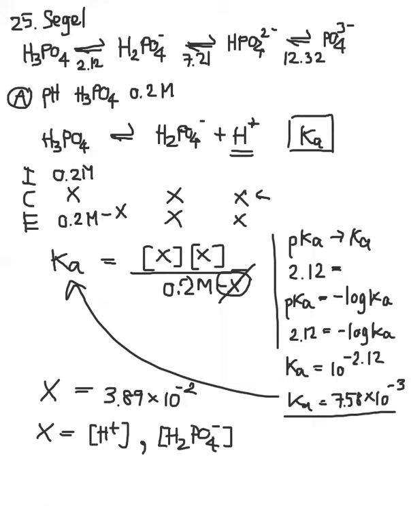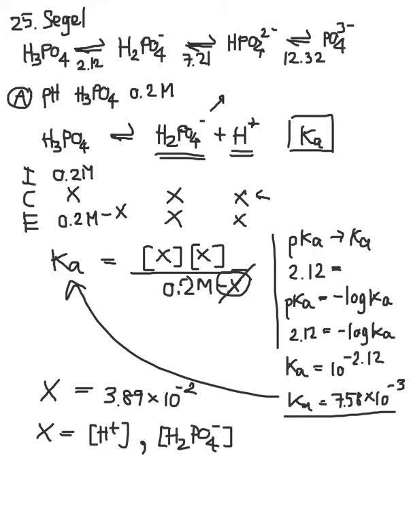You might also ask: when H3PO4 changes to H2PO4 minus, this H2PO4 minus can also change to HPO4 and eventually to PO4 3 minus. Will the protons dissociated at those steps affect the overall pH here?